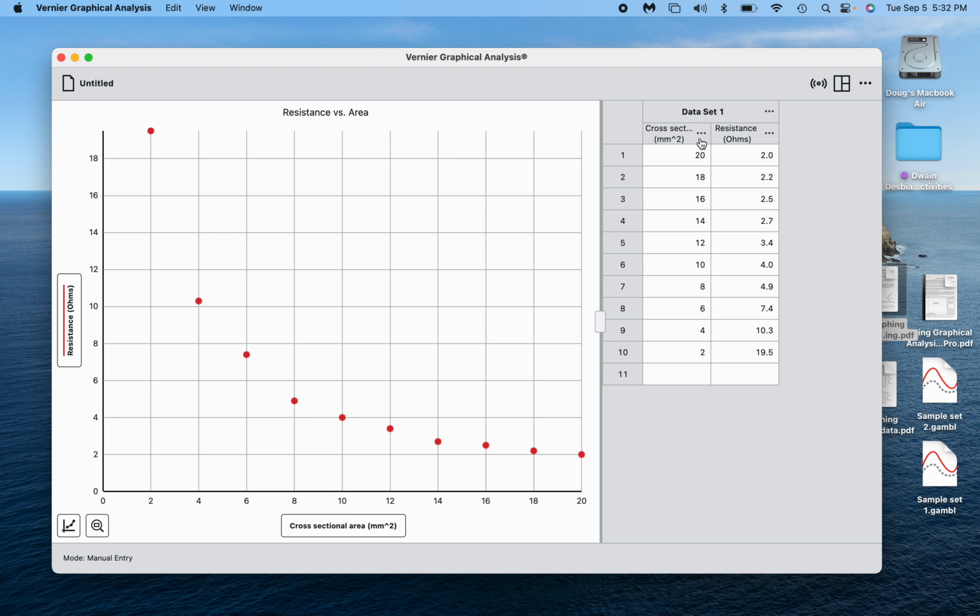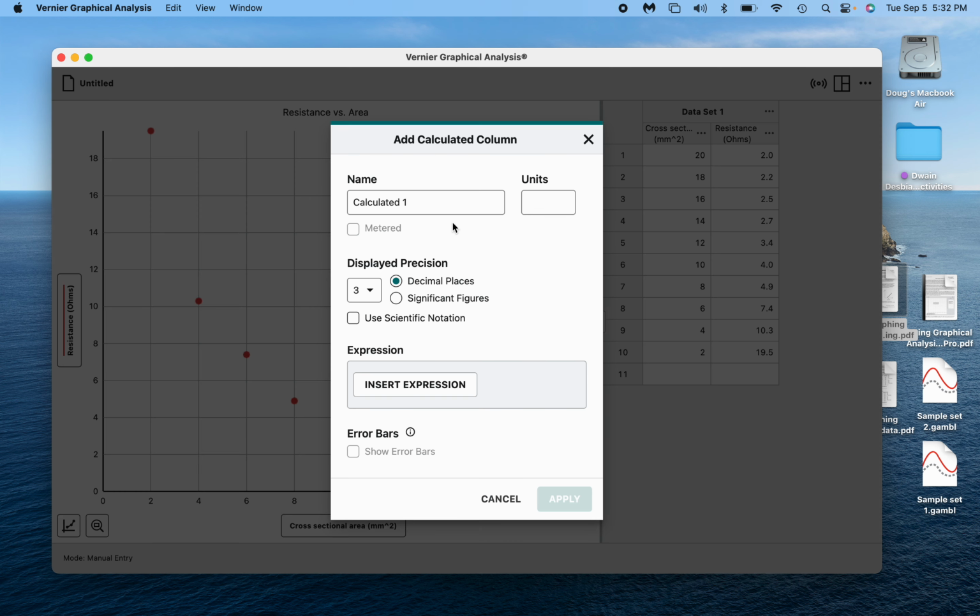In order to do that, I'm going to go to either of these two columns, doesn't matter, and click Add Calculated Column. Since I want 1 over the cross-sectional area, because I'm going to plot resistance versus 1 over the area, I'm going to say that. My units are going to be 1 over millimeters squared.